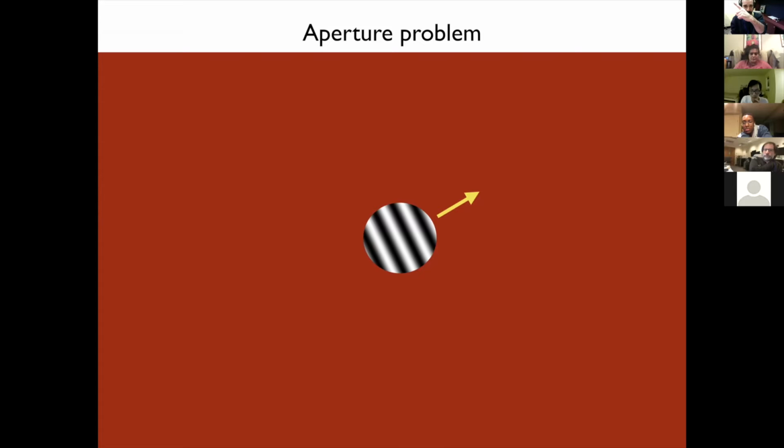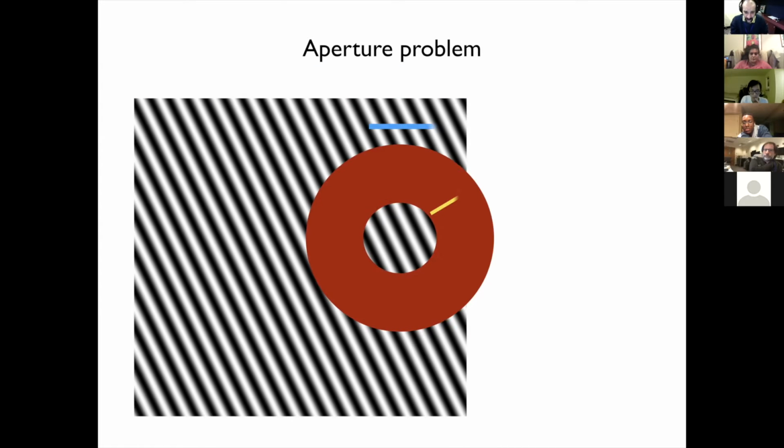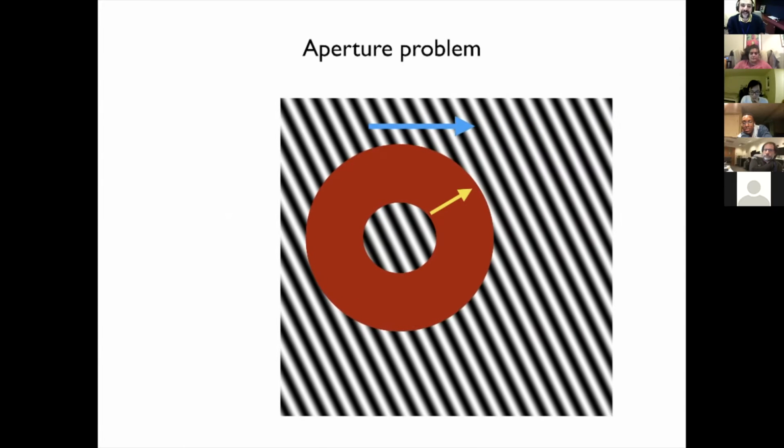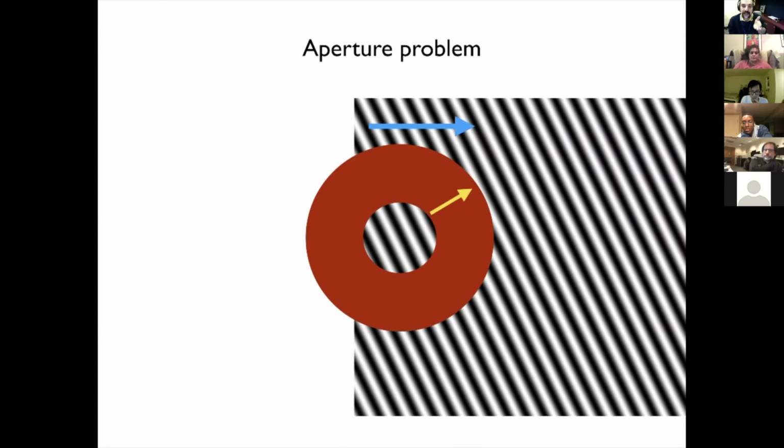The zebra is going there. However, in reality, that's a problem with apertures. When you filter things through a linear filter, you lose direction. If a zebra is moving from left to right, you would perceive the zebra as going slightly up, because your motion filter is detecting basically the motion that is orthogonal to your orientation signals, and that's a problem. That's a problem with motion.